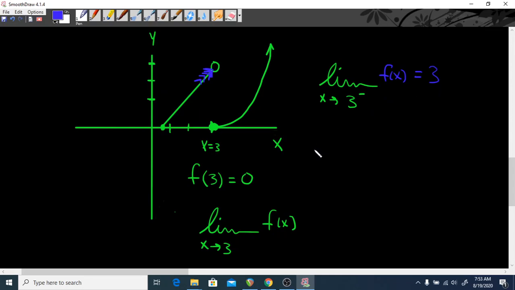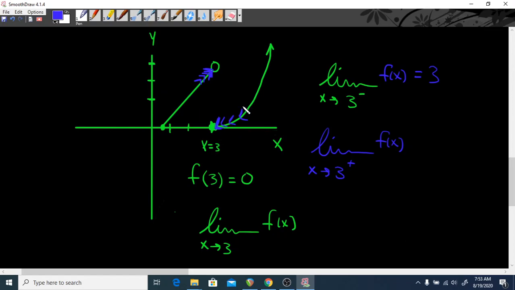Now, what about the right-hand limit? Here's 3. If I go to the right, I'm on this part of the function. So if I sketch toward x equal 3, and think about doing this forever: 3.1, 3.01, 3.001, 3.000000001.